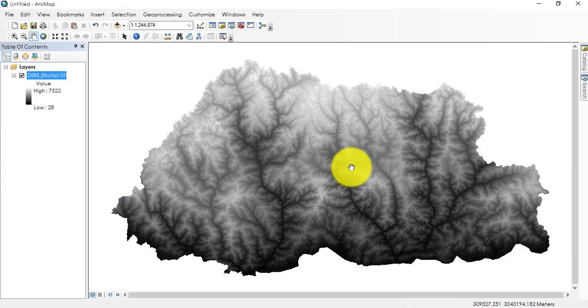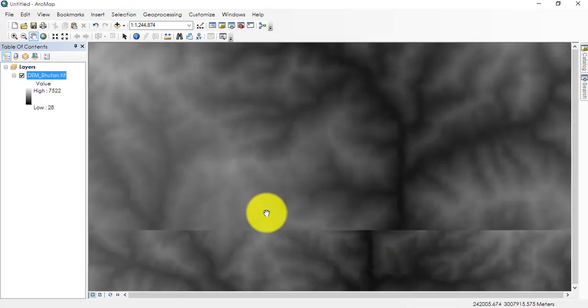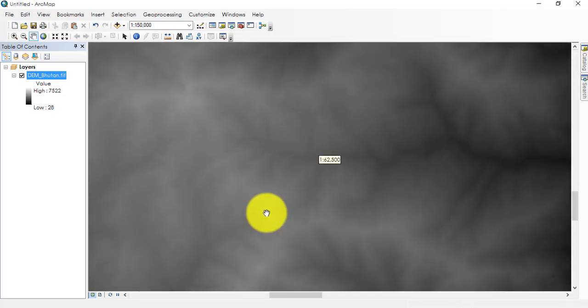This is raster because it is made up of continuous data, for example, elevation. And raster data, like I said, is made up of pixels or square equal grid cells. Let us just maximize and see what it is called as raster.